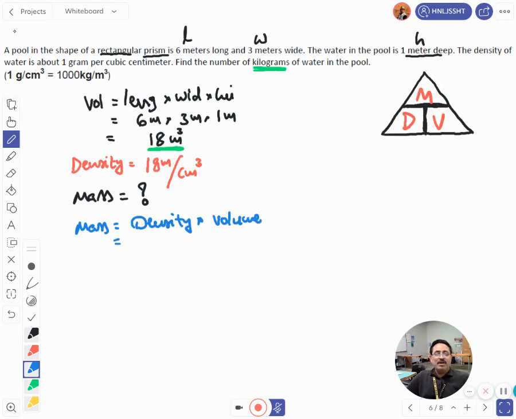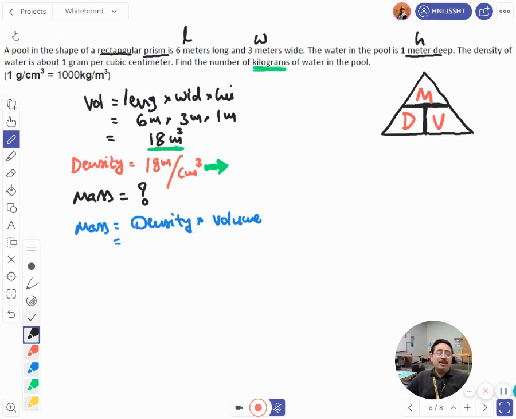What is density? Here is the tricky part. Can I take this one here? The answer is no. Because, please notice, here cubic meters and here cubic centimeters, the units are not the same. Then what to do? You have to convert this into kilograms per cubic meter.